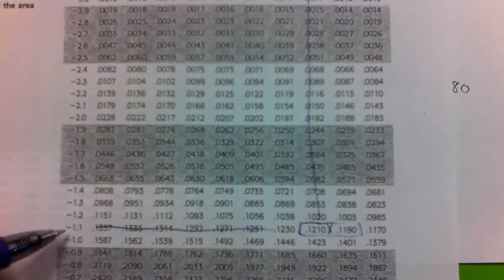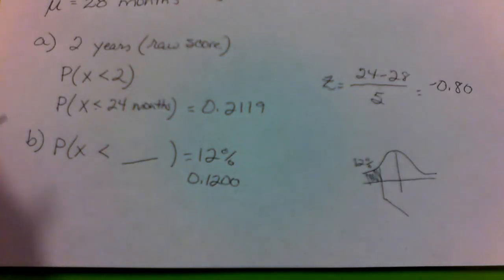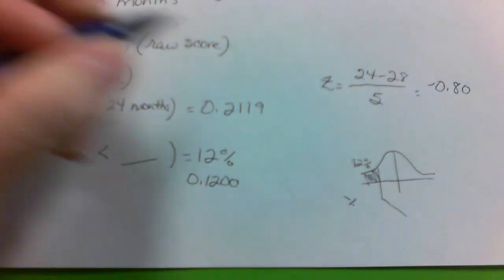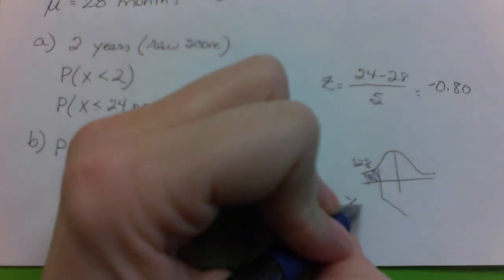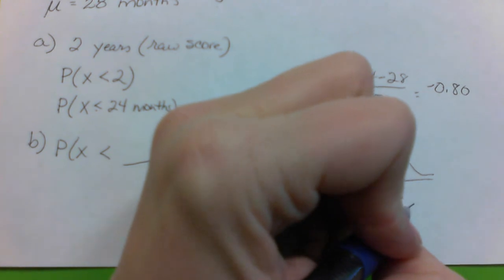So we're looking at negative 1.17 and negative 1.18, and you have to average those, which you get negative 1.175.